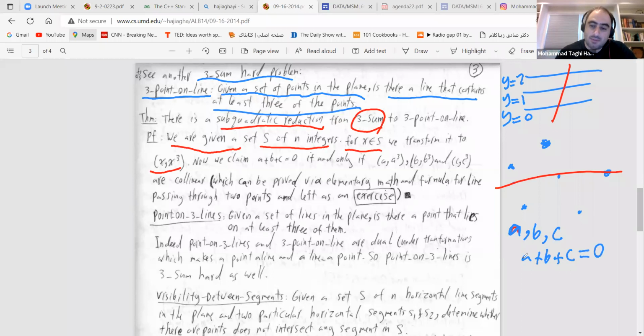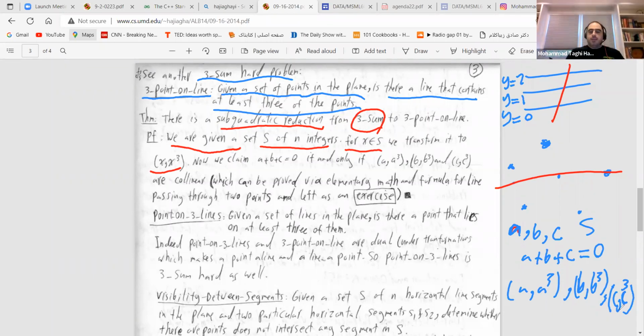So when we have this, A plus B is equal to negative C, so this belongs to S. Now from each of these, we consider the points (A, A^3), (B, B^3), and finally (C, C^3). And we want to say that these are collinear if and only if A plus B plus C is equal to 0.